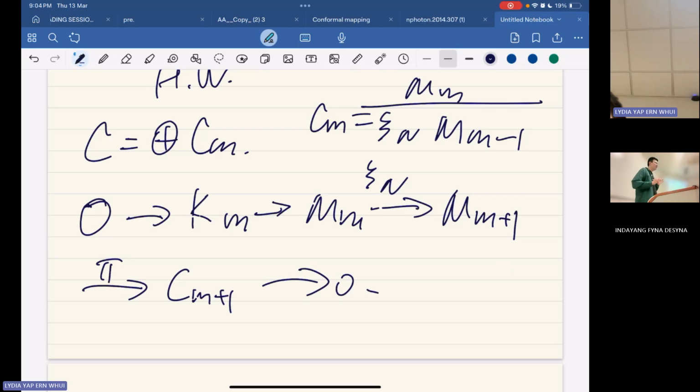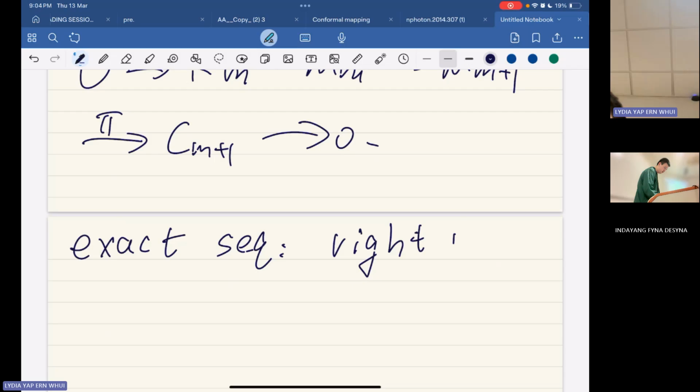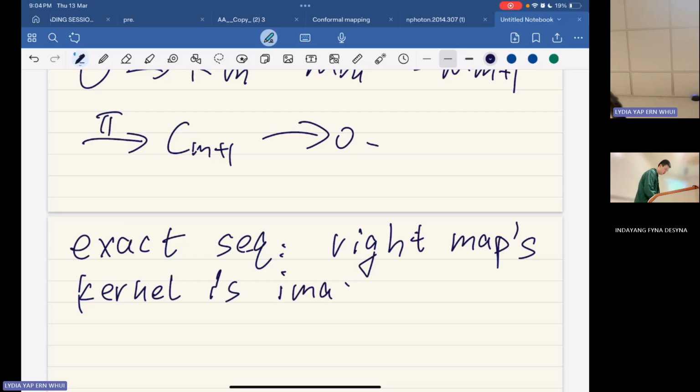And how do we see this is an exact sequence? Let me explain this. We just say that an exact sequence means that the kernel of the right map is the image of the left map.